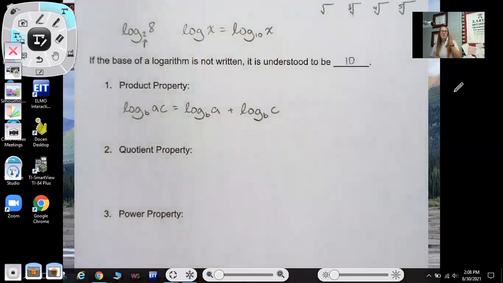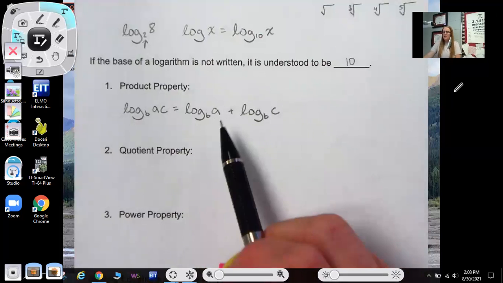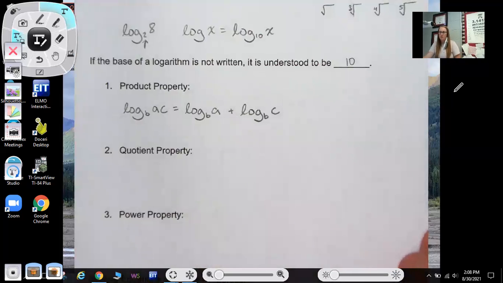So if a is being multiplied by c, we can break this up into 2 logarithms. The bases are still going to be b, but we split up the a and the c and we add those logarithms together.